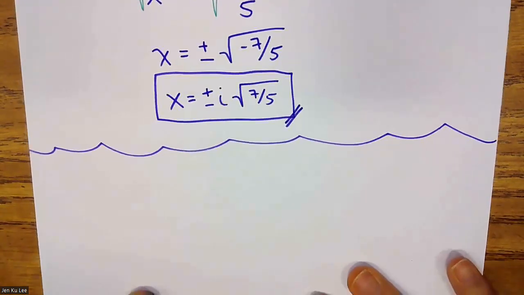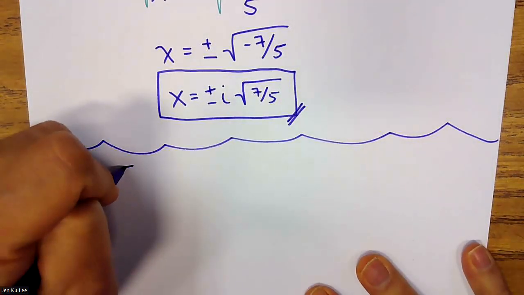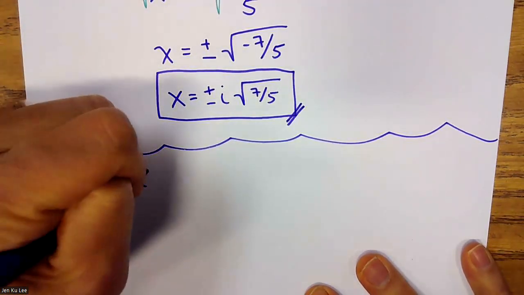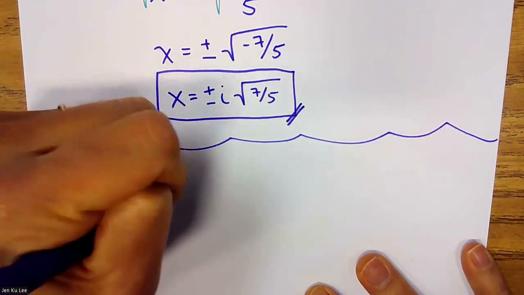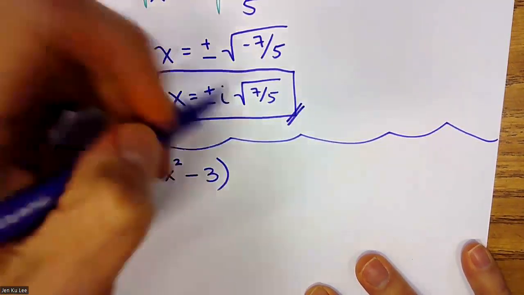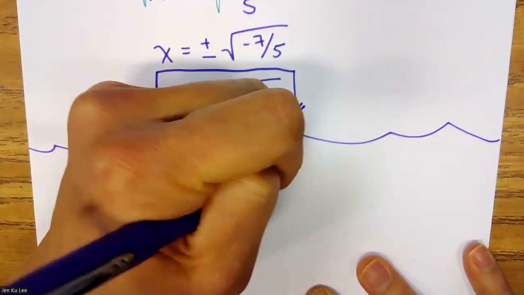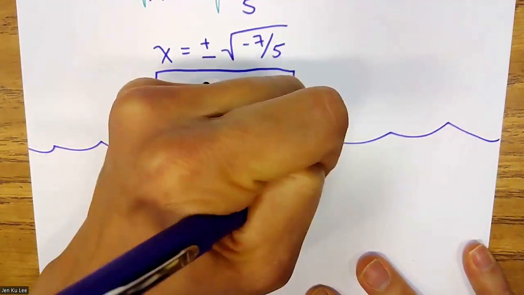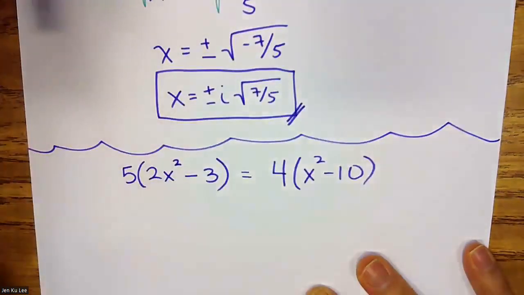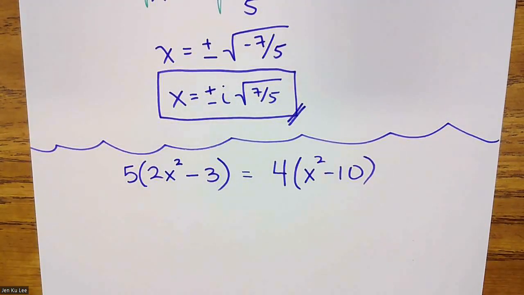Okay, my last example. 5 times 2x squared minus 3 equals 4 times x squared minus 10. Okay, what do I do here? Distribute.